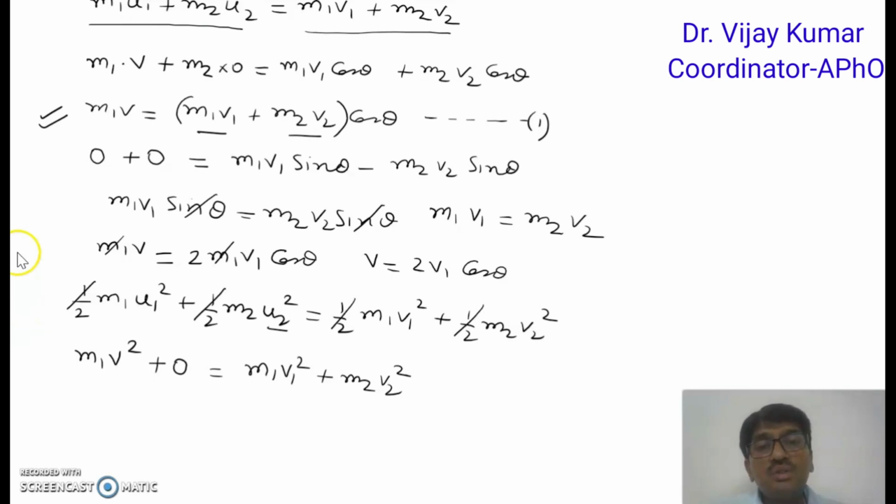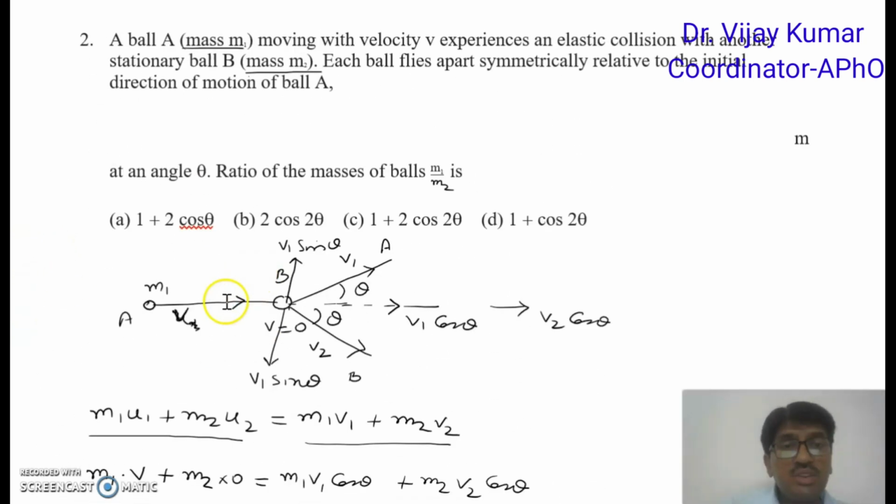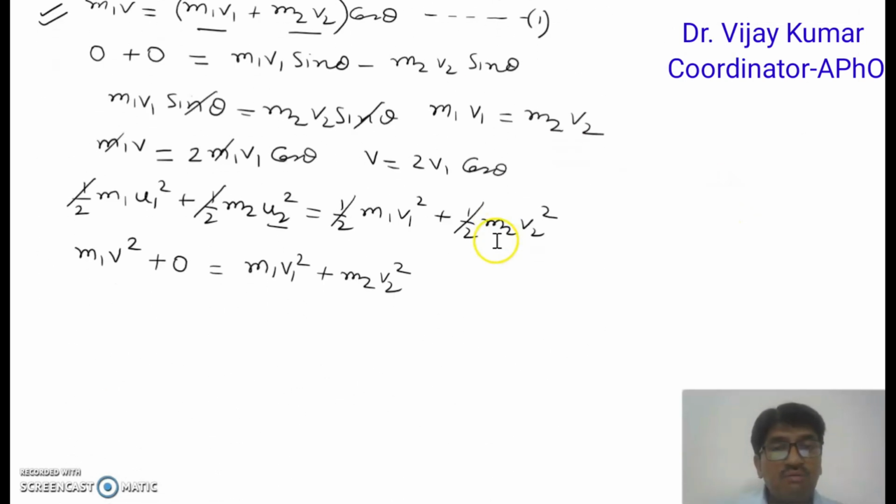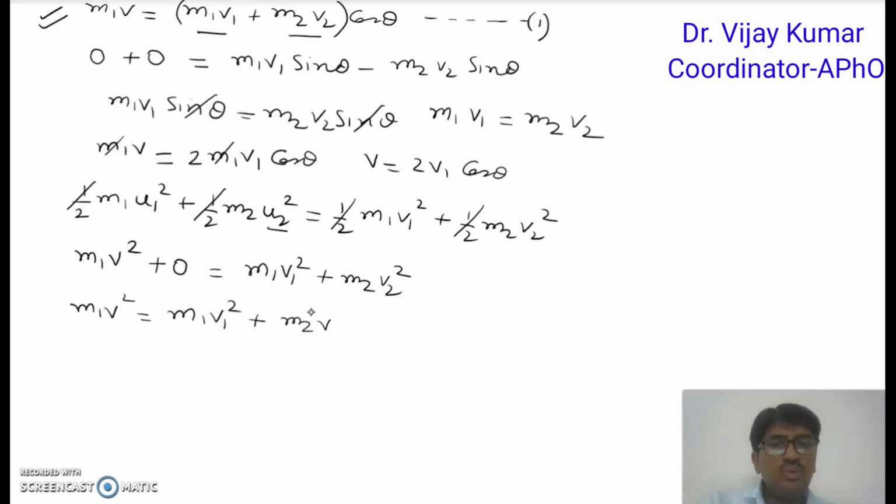In this question there is a requirement of m1 upon m2. We have to determine the value of m1 upon m2. So we can write m1 v square equal to m1 v1 square plus m2 v2 square. If we multiply numerator and denominator by m2, it becomes m2 square v2 square upon m2.